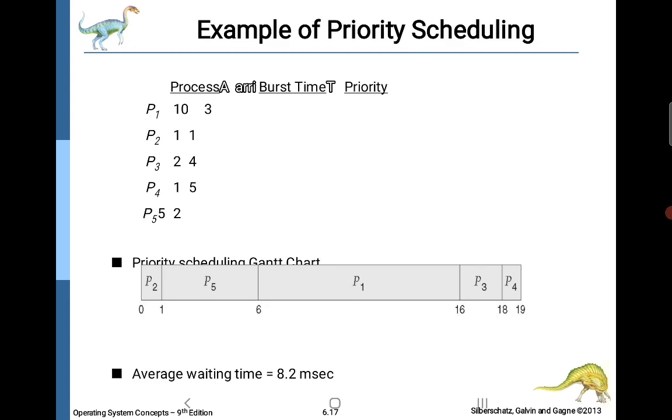An example for priority scheduling: assume we have 5 processes with different priorities. P1 with priority 3, P2 with priority 1, P3 with priority 4, P4 with priority 5, P5 with priority 2.